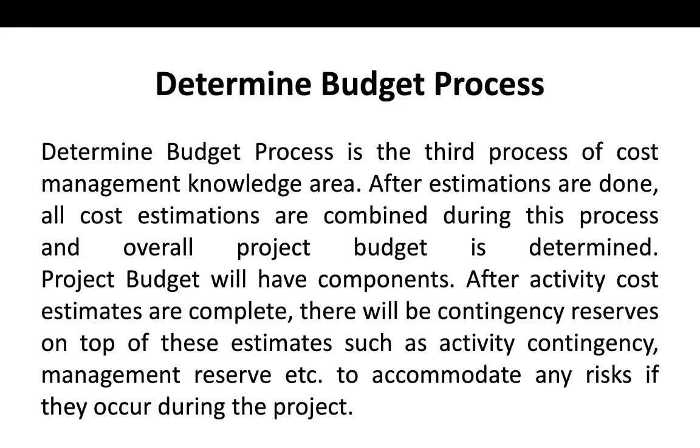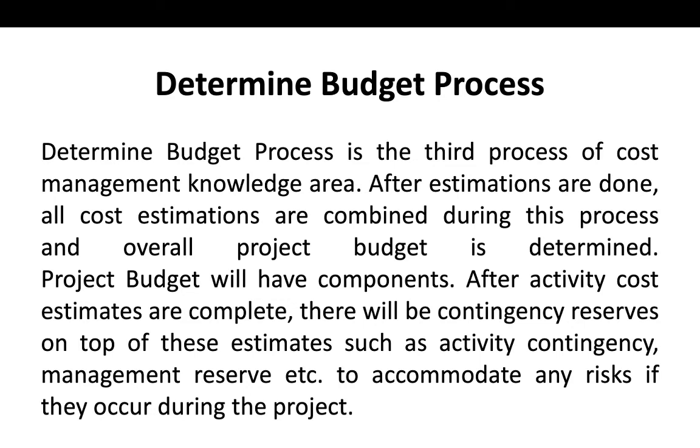Okay, this determine budget process is actually when we complete our cost estimation, then we will think further. Just like in time management we think about what things can affect our time or project, here in cost management we also do this in the determine budget process.